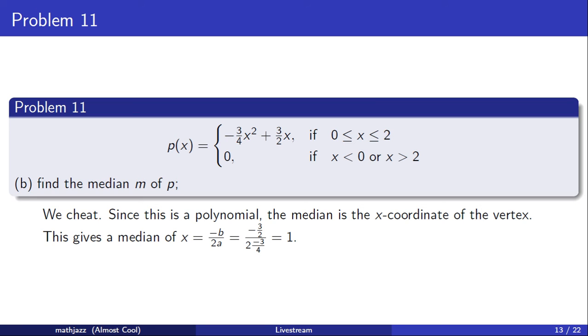Also, the other way, which I think is easier but might not be as intuitive, is that the vertex always lies halfway between the two roots. The x-coordinate of the vertex is always going to be just halfway between the two roots. Since we know that one of the roots is at 2 and the other root is at 0, halfway between them is 1. That's another way of doing that.